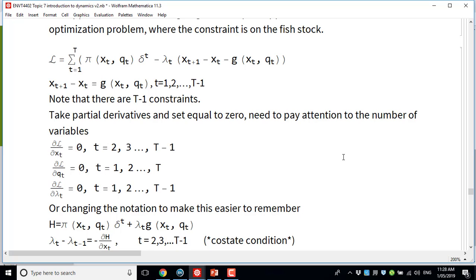So I use pi here to indicate profit. So you've got a profit function, and profit is a function of the stock of fish and the quantity of fish.